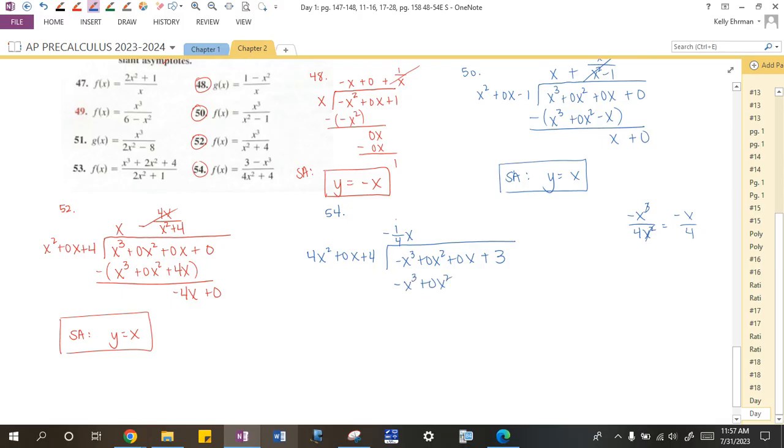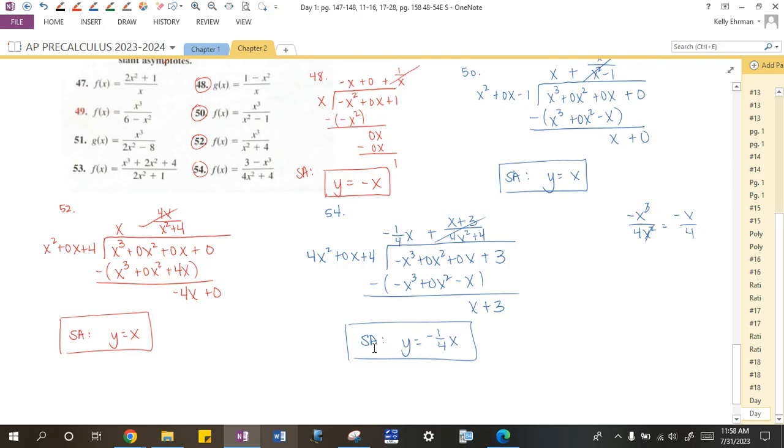And then negative 1/4 times 4 is negative 1. 0, 0, 1x plus 3, but that's a remainder. Okay, so slant asymptote is y equals negative 1/4 x, or negative x over 4. We ignore the remainder piece.